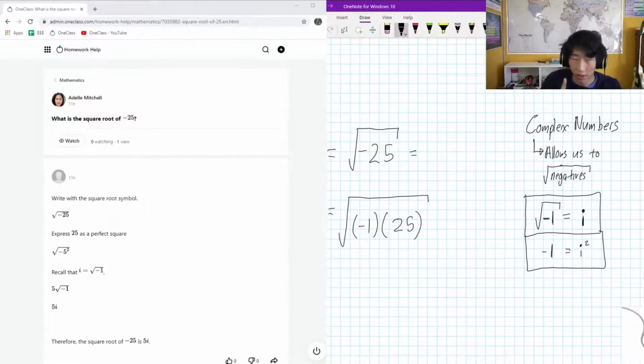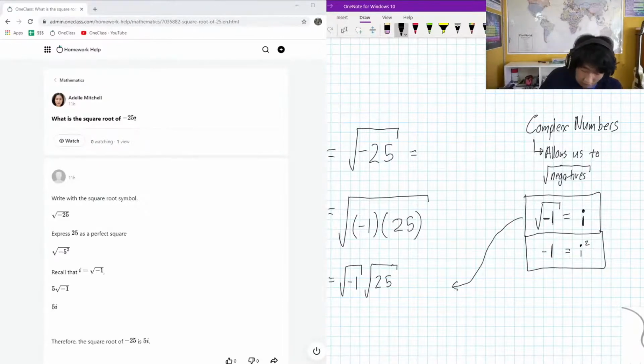Which means that we can break this down and we can separate this into two individual roots like this. So underneath is negative 1 multiplied by underneath the root of 25.